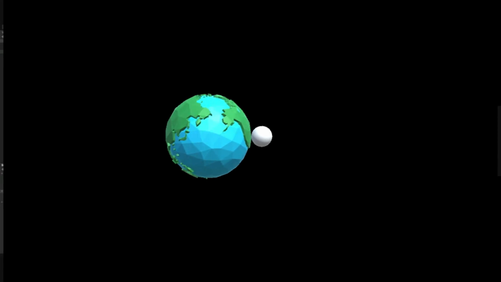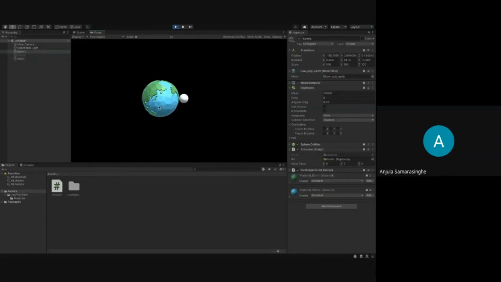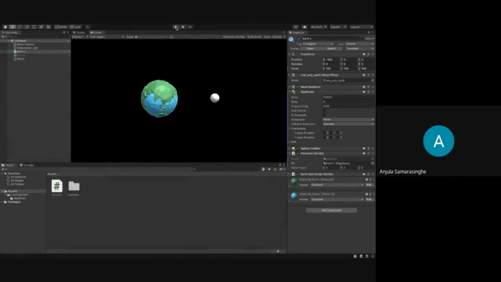The moon gets attracted to the Earth, but Earth doesn't move. The reason for that is the difference between the mass of each object. The small object has a higher acceleration than the big object.